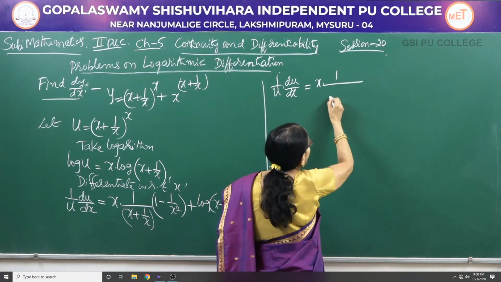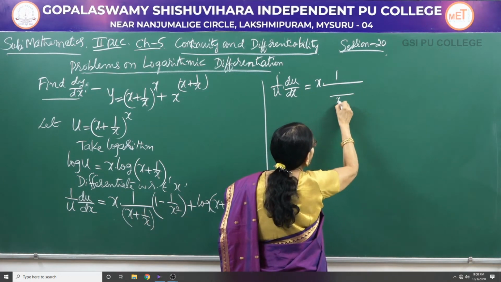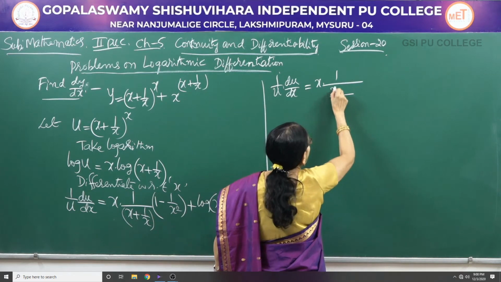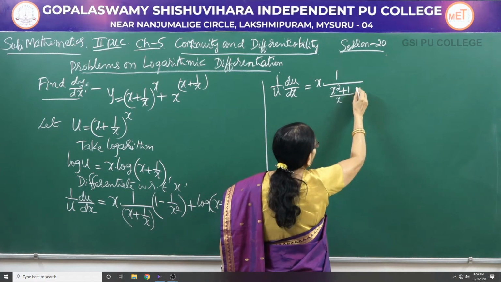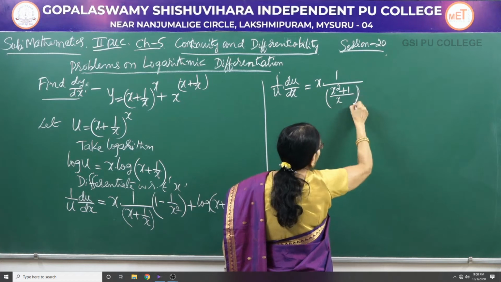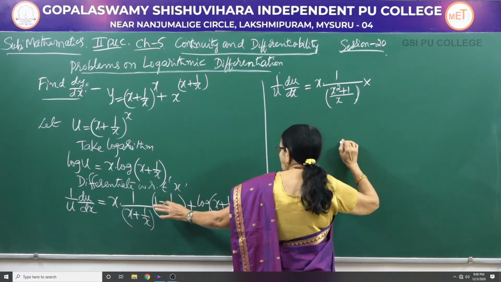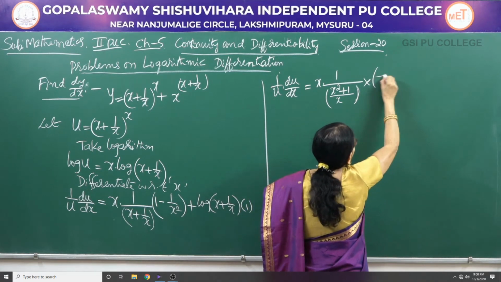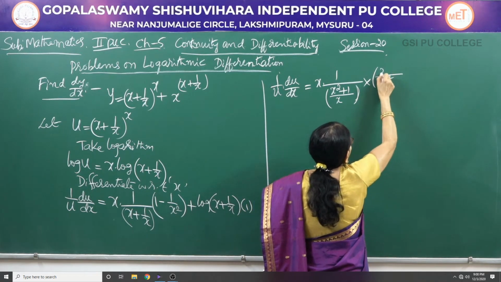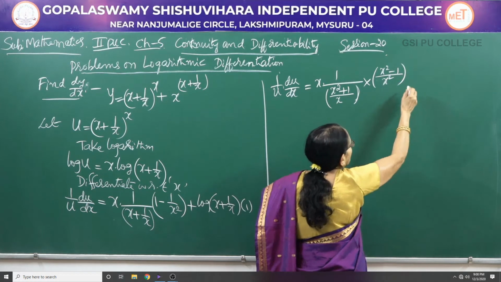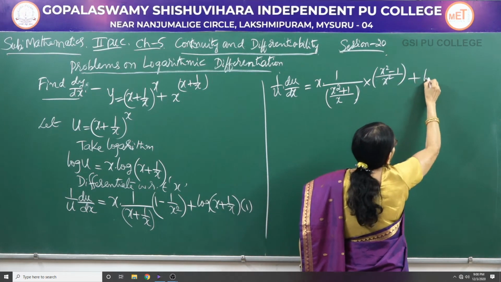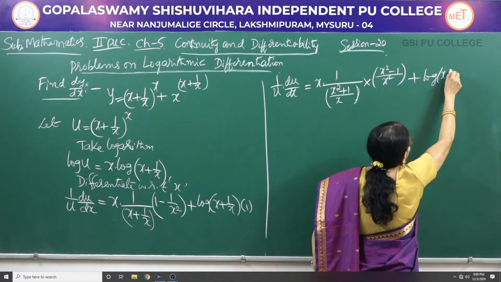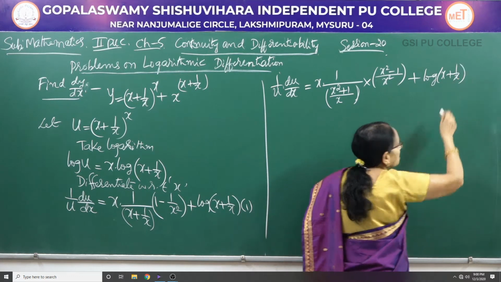So, in the denominator itself, LCM would be x, x into x, it is x square plus 1 here, into, again in this other term also you have to take the LCM, that would be x square is the LCM there and it is x square minus 1, plus the second one, it is log of x plus 1 by x.